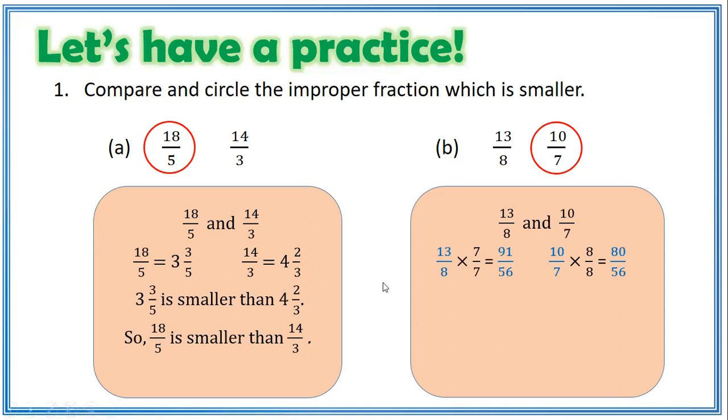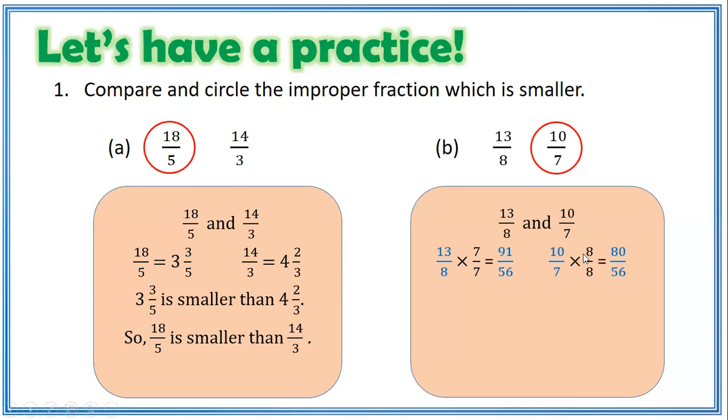56. Okay, so to get a denominator of 56, we need to multiply 13 out of 8 by 7 out of 7. So 13 times 7 is equal to 91. 8 times 7 is equal to 56. Then here, we need to multiply 10 out of 7 by 8 out of 8.